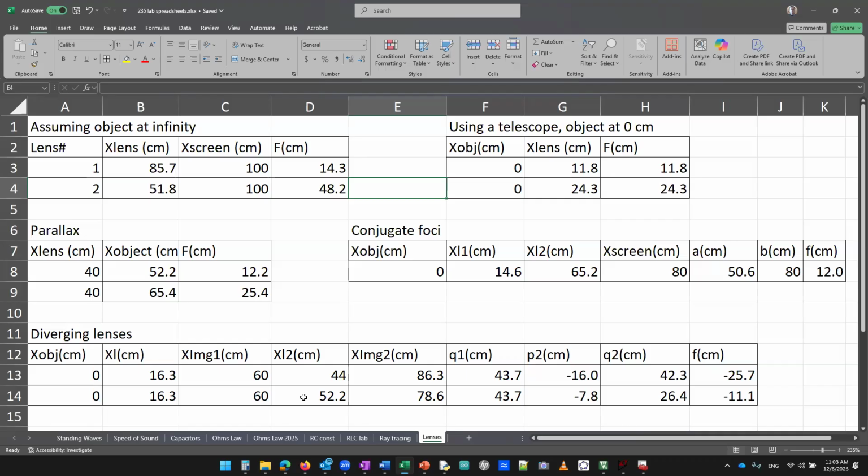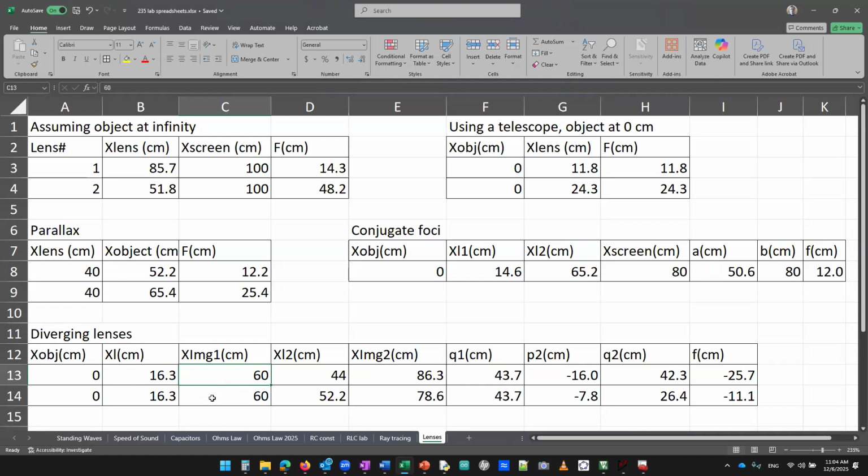And separately, I tried another focal length divergent lens. I think this is probably... I really should have written this down. Which one is it? Is this the one with very thick edges?